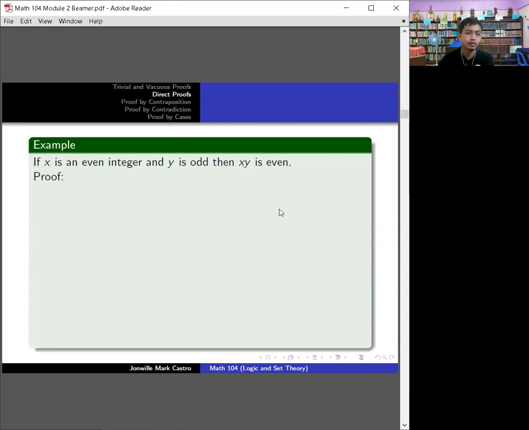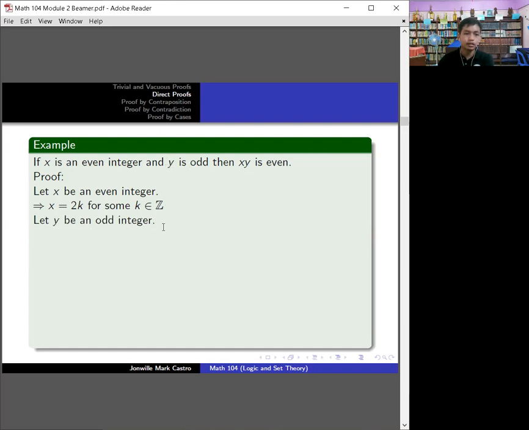Okay, sulat natin yung proof. Let x be an even integer. So anong sinasabi nito? X even integer, this implies that x equals 2k for some k in Z. So, definition.